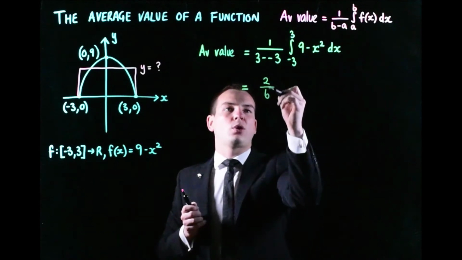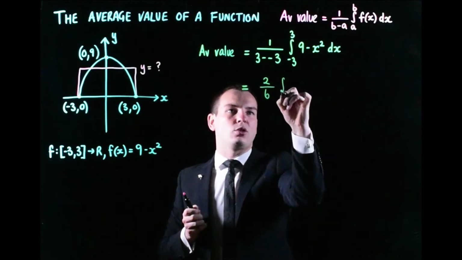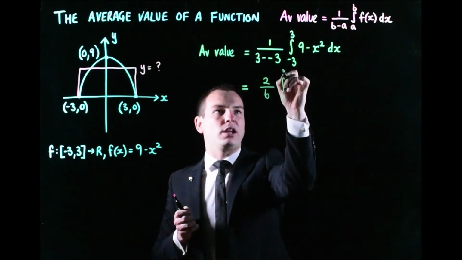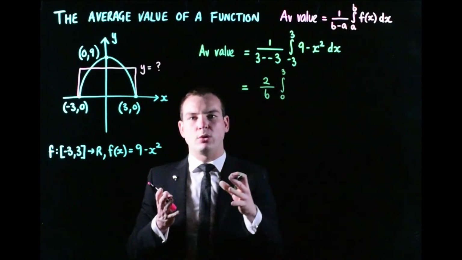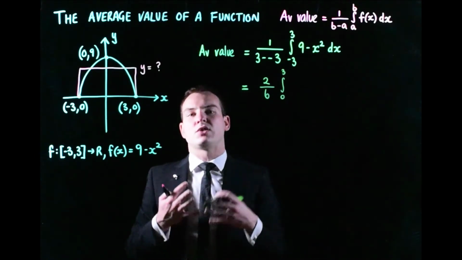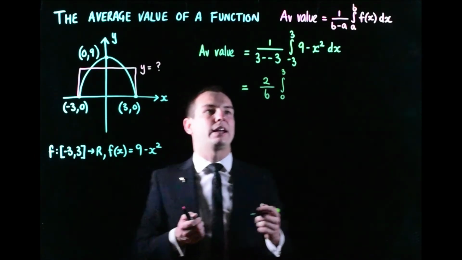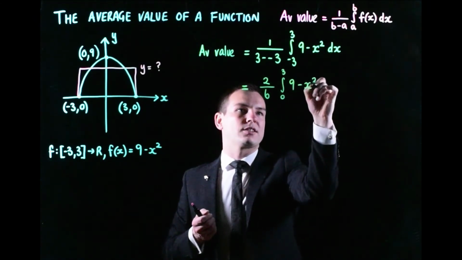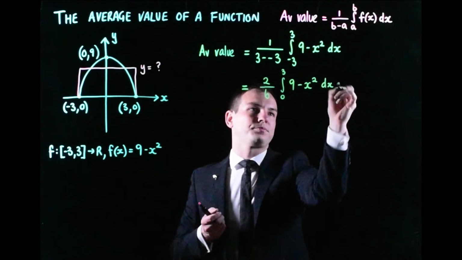So I'm going to have 2 over 6 times the integral, and instead of going from -3 to 3, I'm going to go from 0 to 3, and again doubling that value using that property of symmetry is just going to simplify some calculations later down the track. And of course we still have 9 minus x squared dx.